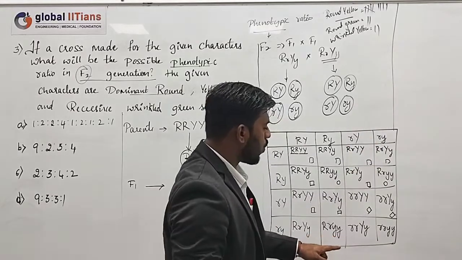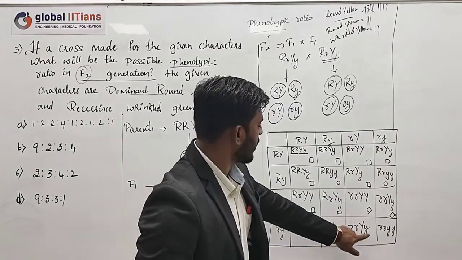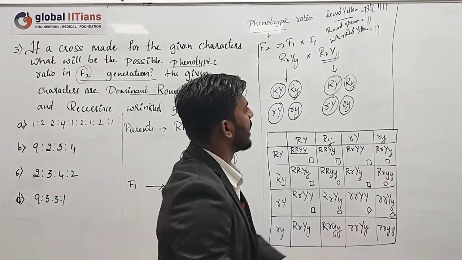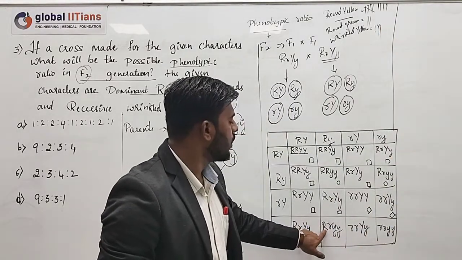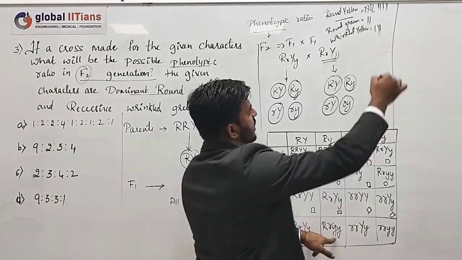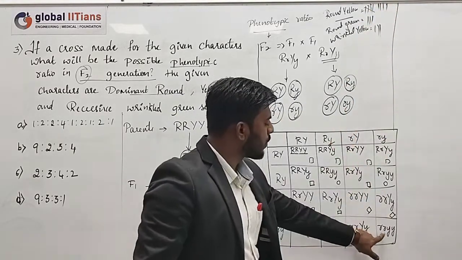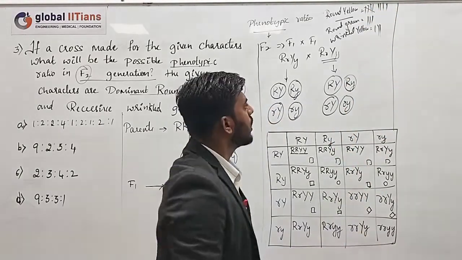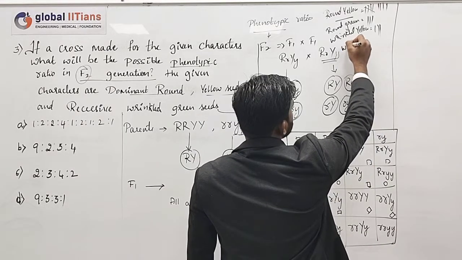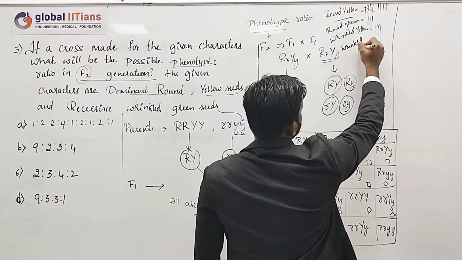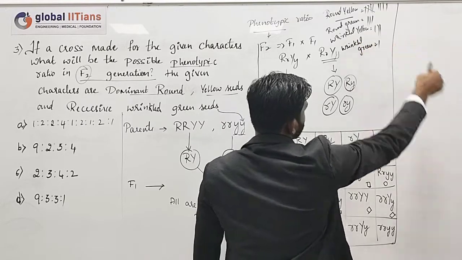So we are getting a, or is it wrinkled yellow? Sorry, it's going to be wrinkled yellow, right? So this is going to be wrinkled yellow, and previous one round green, right? Round green. So it's going to be round green, and the last one small r, what is it, small r? It's a wrinkled green, right? Wrinkled green. So only one.